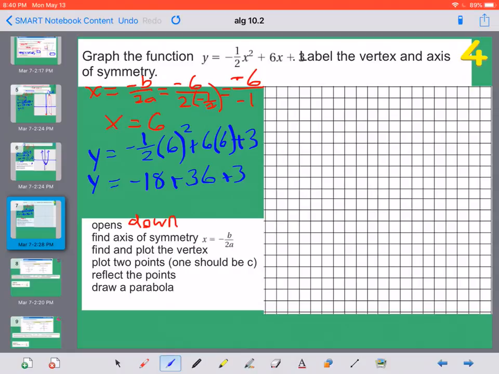Negative 18 plus 36 is 18 plus 3 is 21. So my y is going to be 21. My vertex is now going to be 6, 21.